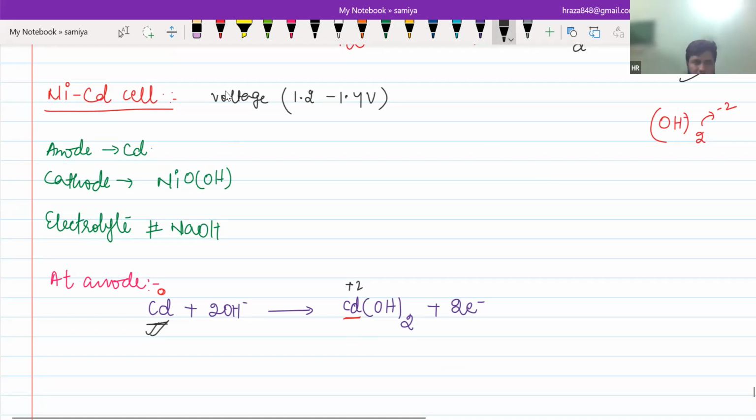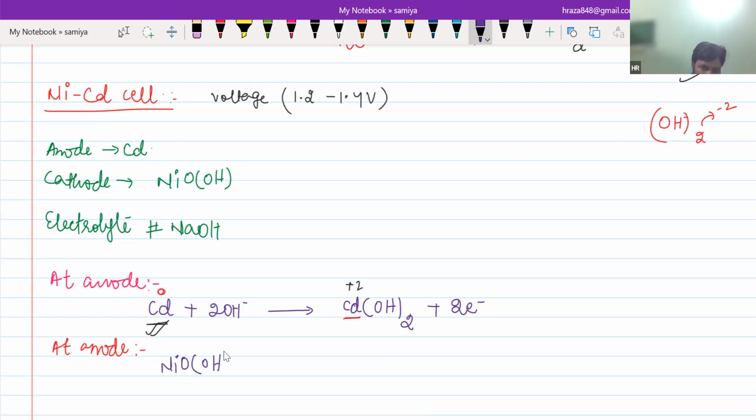That means oxidation takes place. And at cathode, there will be a reduction, that means addition of electrons. So at cathode, we take 2 moles of NiOOH, and in the presence of water, it will gain the 2 electrons lost at anode, and it will form 2 Ni(OH)2 plus 2 OH-.